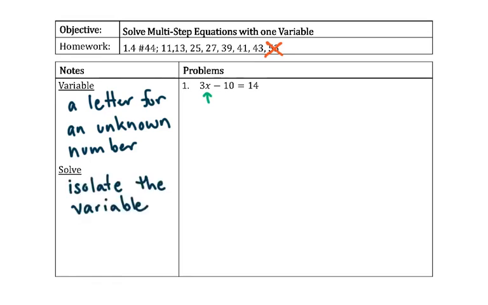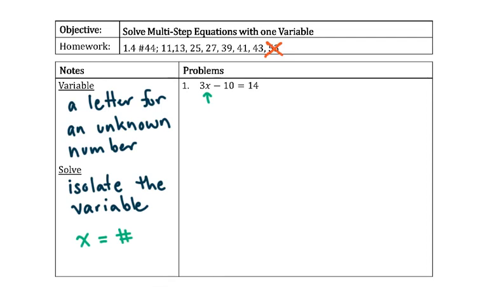So you know you've got the problem done if the answer looks like x or p or n, whatever the variable is, equal to some number. So that's always what it's going to look like. You'll notice that there's nothing touching the variable. It's all by itself on one side of the equation and then the numbers on the other.